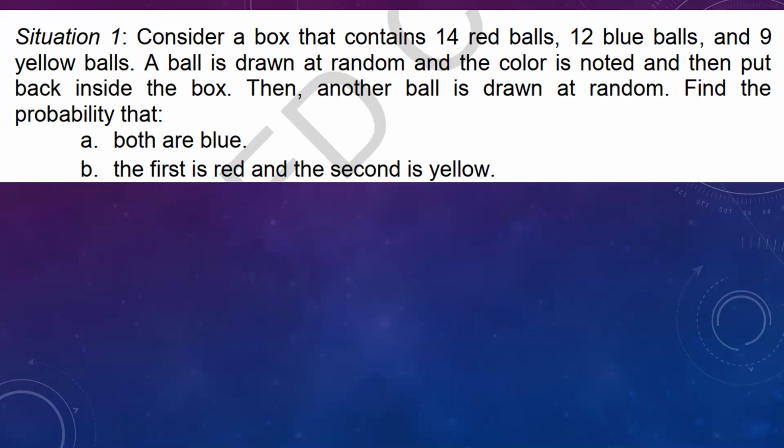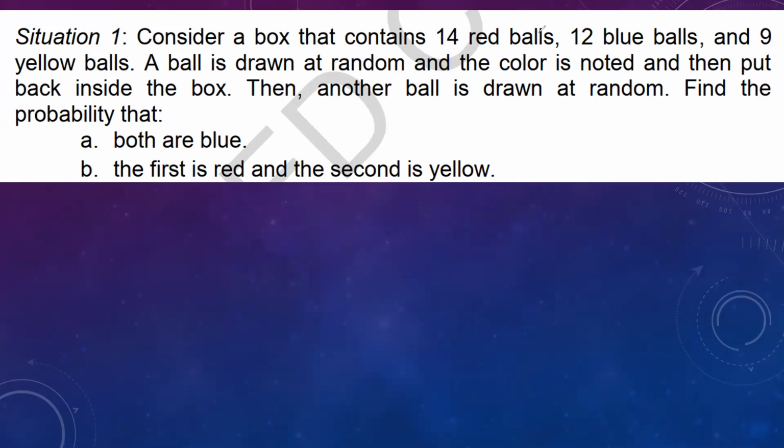Ang sabi, ang unang bunot daw natin ay dapat blue. Sa unang situation, letter A, both are blue. Ibig sabihin, sa unang bunot ay blue at ang pangalawang bunot natin ay blue din. So, para magawa natin yun, ilan yung bola ang meron tayo? 35.